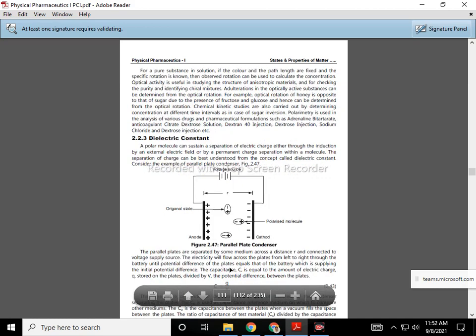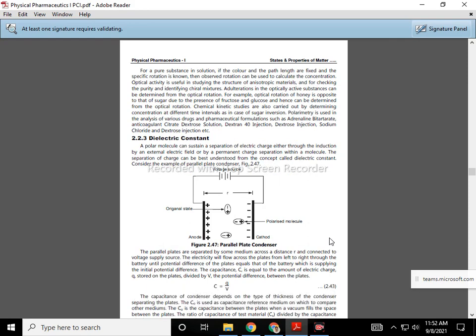Capacitance of the sample we are getting by placing the sample in a capacitor, applying a certain voltage and finding the charge on it, and in this way you will get the capacitance for the sample. When nothing is there in between the two plates, vacuum is there, we will get the capacitance of vacuum.